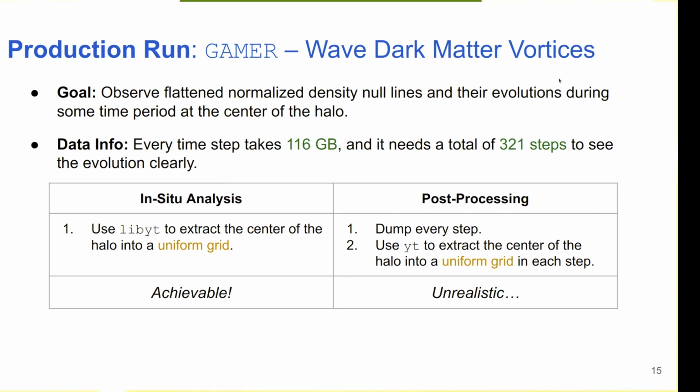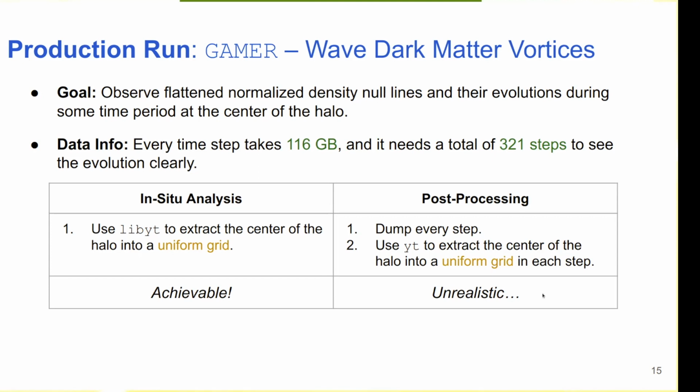wave dark matter vortices. The goal of this simulation is to observe the density neural lines and their evolutions during some time period at the center of the halo. The ratio of the simulation domain to target is 100 to 1. So every time step takes 116 gigabytes, and it needs a total of 300 more steps to see the evolution clearly.